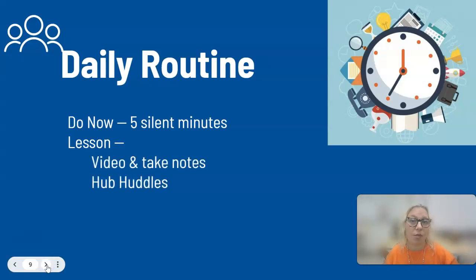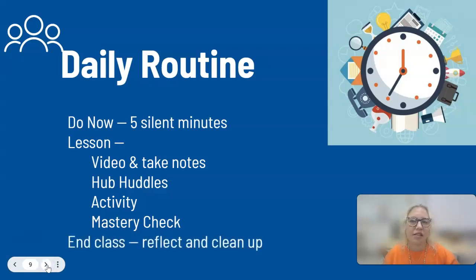You might be in a huddle where you're meeting with me or Ms. Nelson, my co-teacher, about whatever it is you need help on. You might be doing other activities in the packet. And then when you're done with the lesson, you'll be taking a mastery check to show your knowledge and understanding. And then at the end of class, quick reflection and time to pick up and move on.